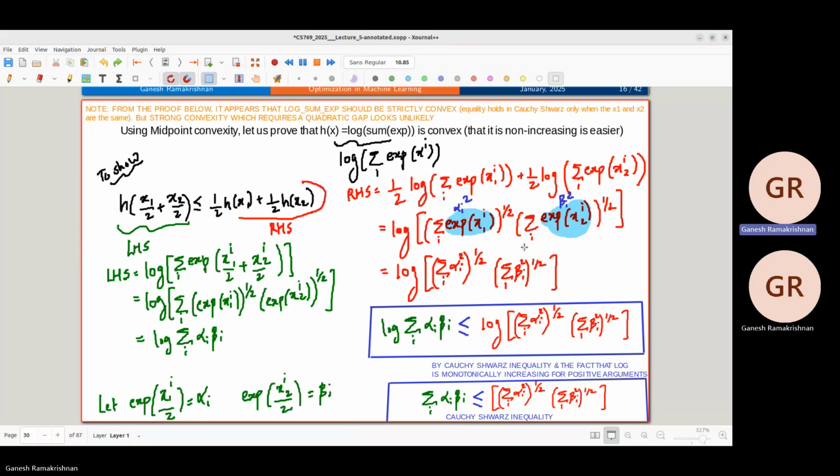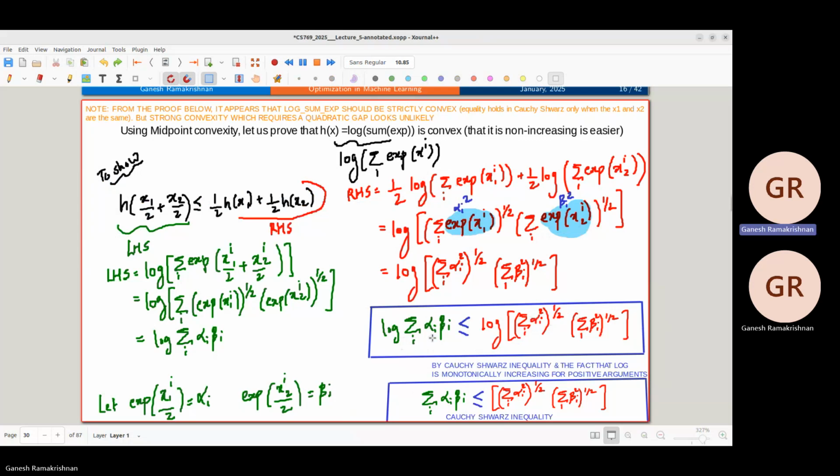Okay, so with all that working out, you can show that you'll get this green part. The left hand side will become log of summation of the alpha i into beta i's. The right hand side will become log of summation alpha i squares, the whole raised to half, into summation beta i squares, the whole raised to half.